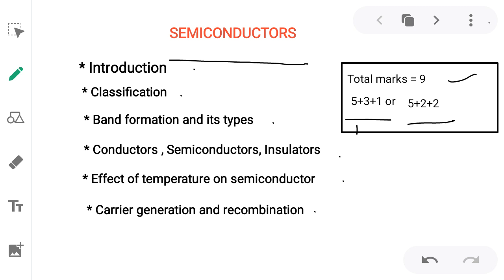Next important thing about this semiconductor chapter is the concept of the transistor, meaning the definition of the transistor, types of the transistor as NPN and PNP, its applications, transistor as an amplifier, transistor as a switch.